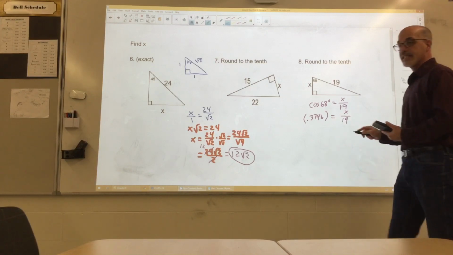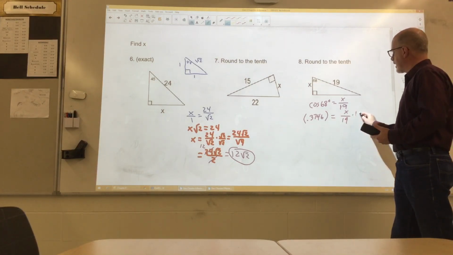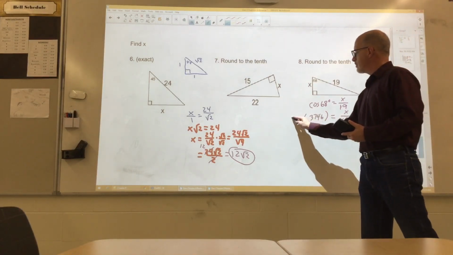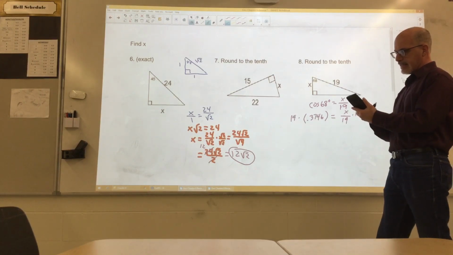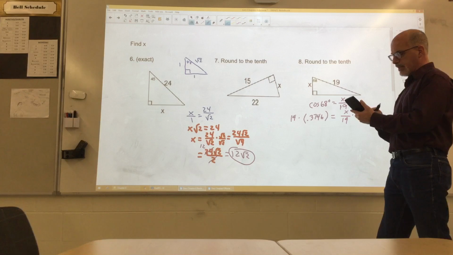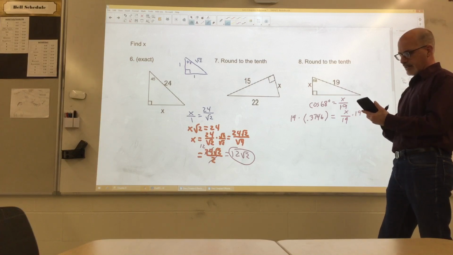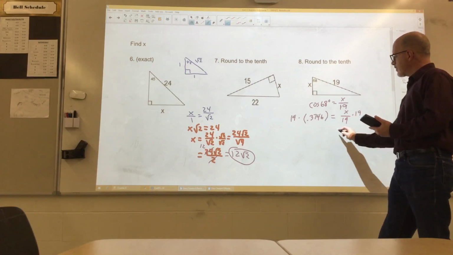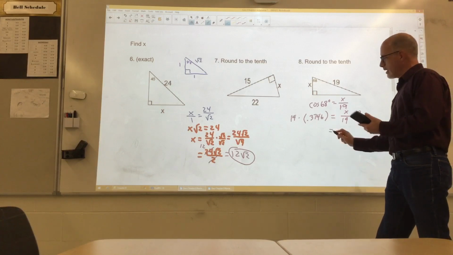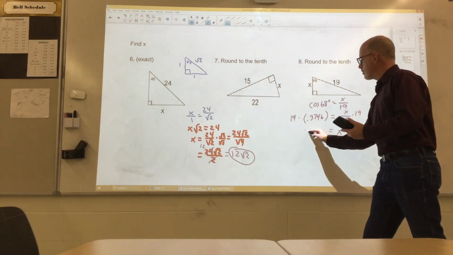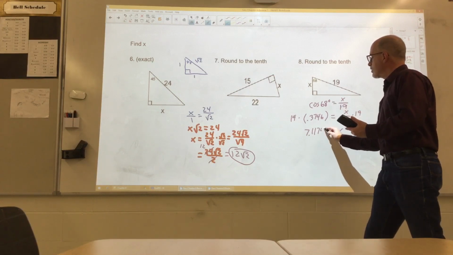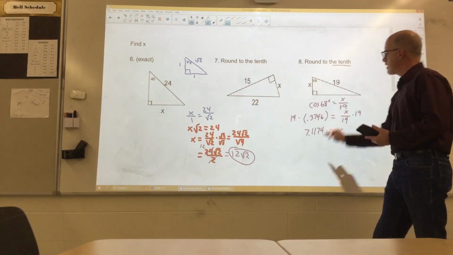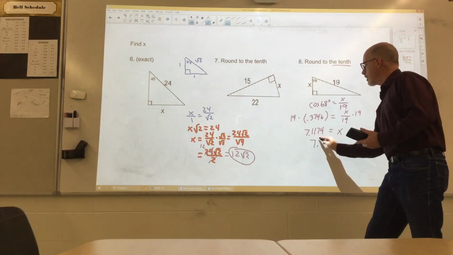Now to get that 19 out of the denominator, you multiply by 19 on both sides. 19 times 0.3746 gives me an x value of 7.1174, so rounded to the nearest tenth is 7.1 for an answer.